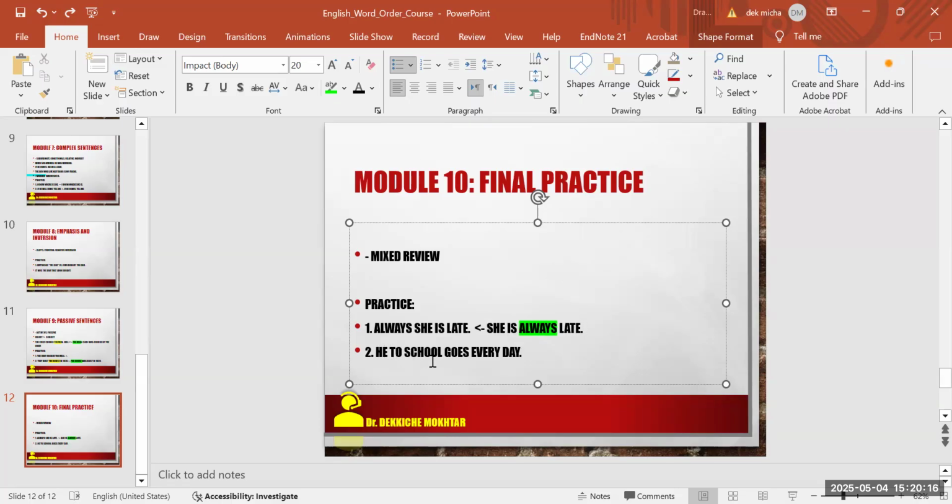He to school goes every day. What is the subject here? The subject here is he. In the structure, we have subject plus verb. So what is the verb here? The verb here is go, goes. How many times does he go to school?